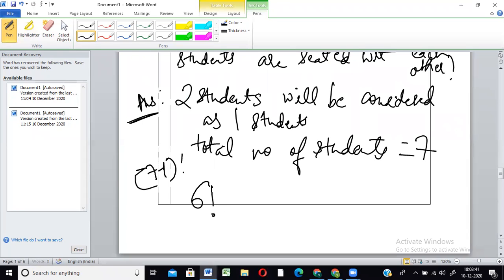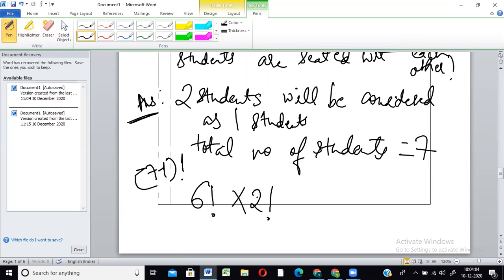That is 7 minus 1 factorial, the same as 6 factorial, into, now, that one student is not just one student, there are two students. So those two students will be internally made to sit amongst themselves in two factorial ways.